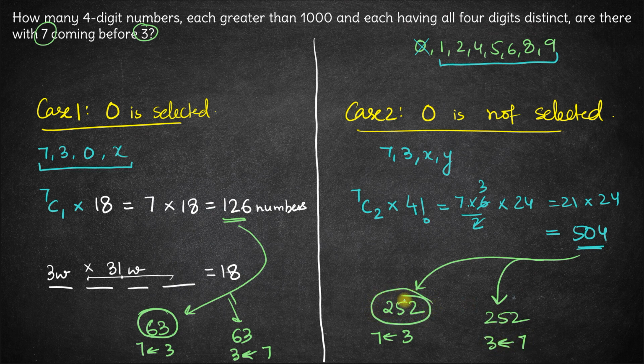So from here, I get 252 numbers which have 7 before 3. So the final answer is 63 plus 252, which is 315. So there are 315 four-digit numbers with each digit distinct such that 7 comes before 3.